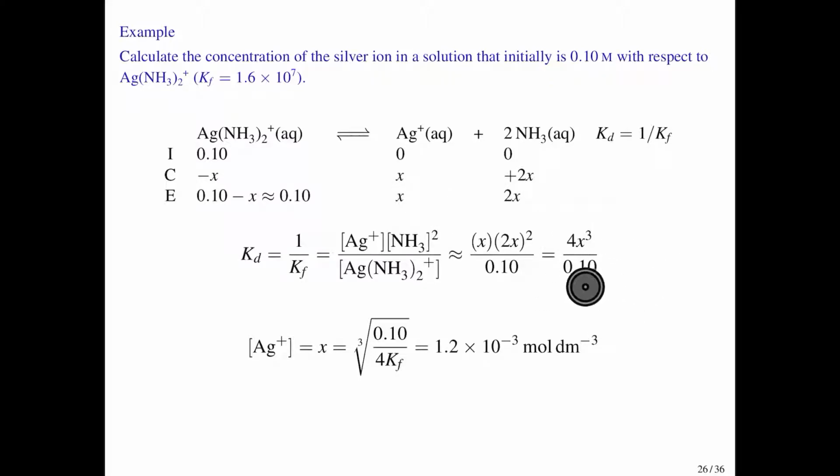So rearranging this final expression, solving for the silver ion concentration gives us 1.2 times 10 to the minus 3 moles per liter, which is pretty small with respect to the 0.1 molar concentration of the complex ion itself.